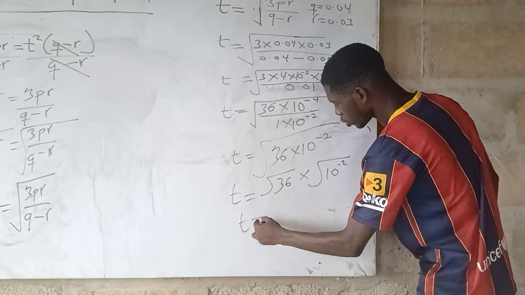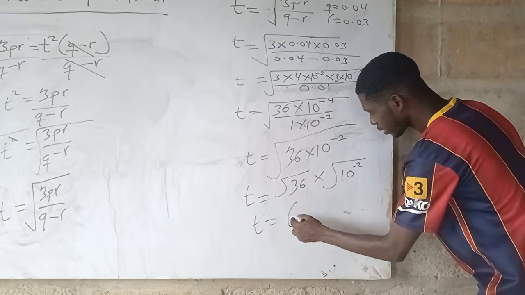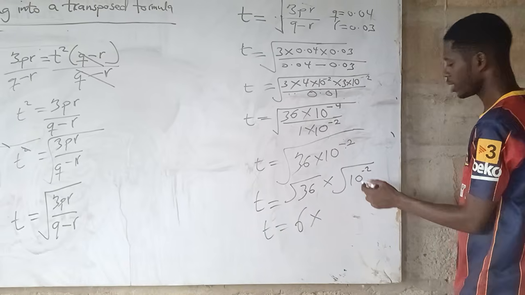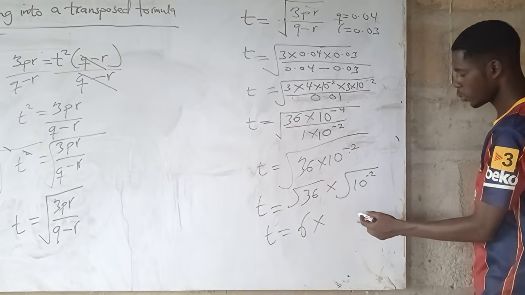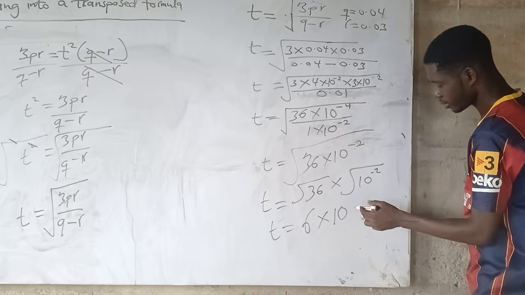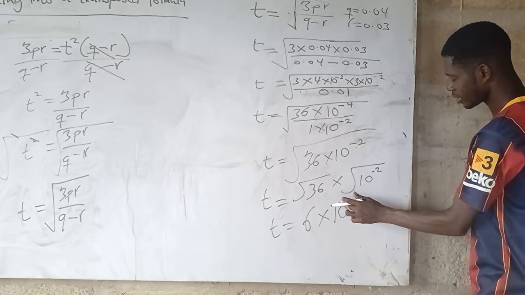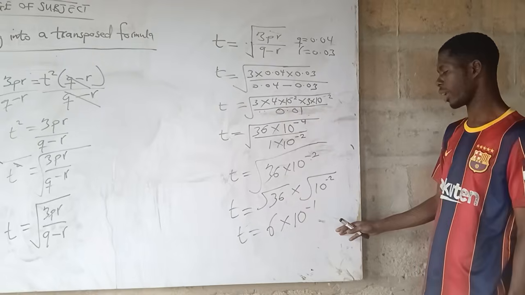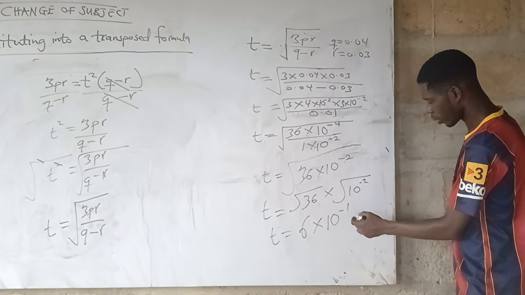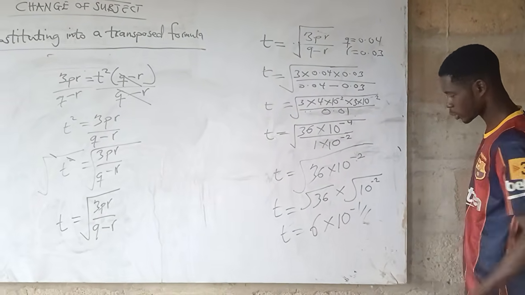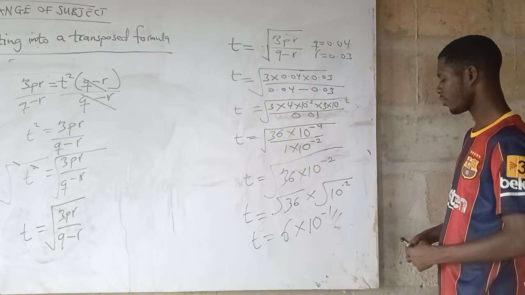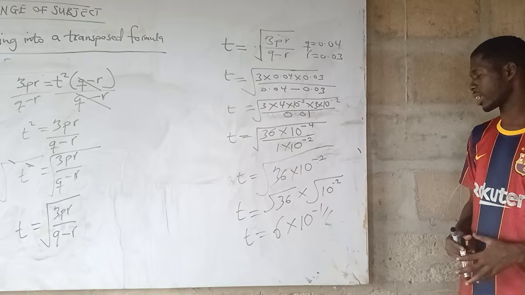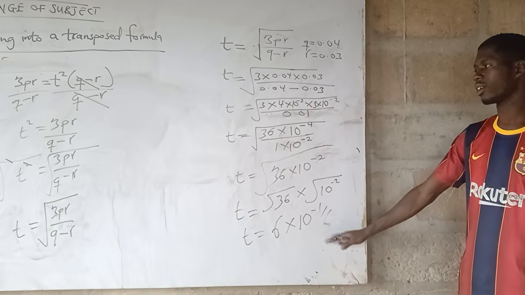Root of 36 you get 6, and root of 10 to the power negative 2, you get 10 to the power negative 1. So you don't use brackets. This was standard form. This is the final result, without using calculator.